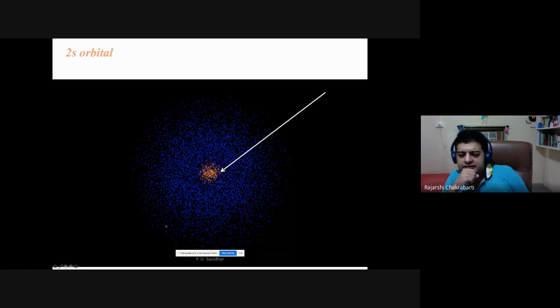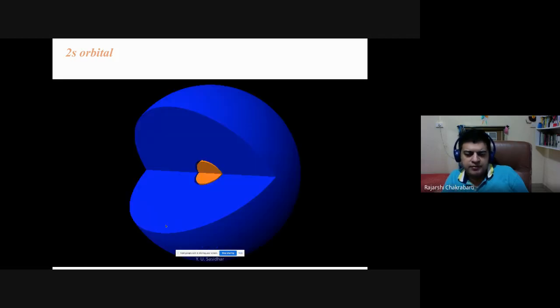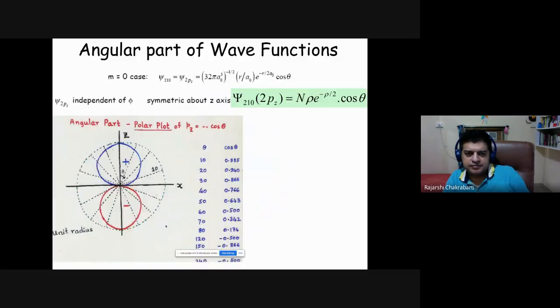Is this clear? If you cut it down, it will be like this for the 2s orbital. And this we have done. What is this orbital? This is cos theta. This is pz.